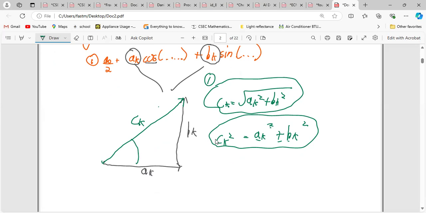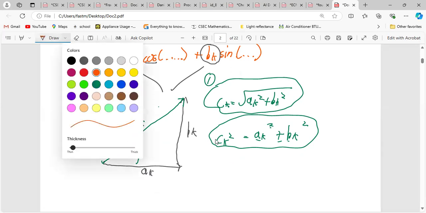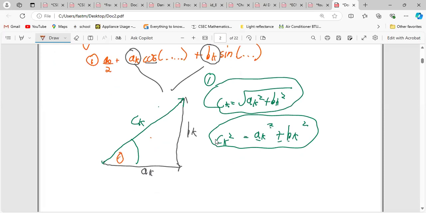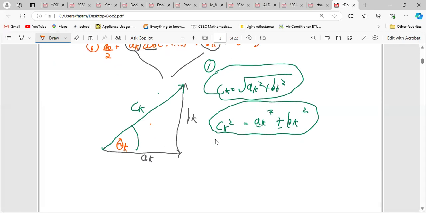Secondly, obviously it has an angle. The angle is theta k, which is where they got the phase from. We can get the equation for theta k using the triangle. This here is the opposite and there's the adjacent, assuming you don't have C. So that is tan.